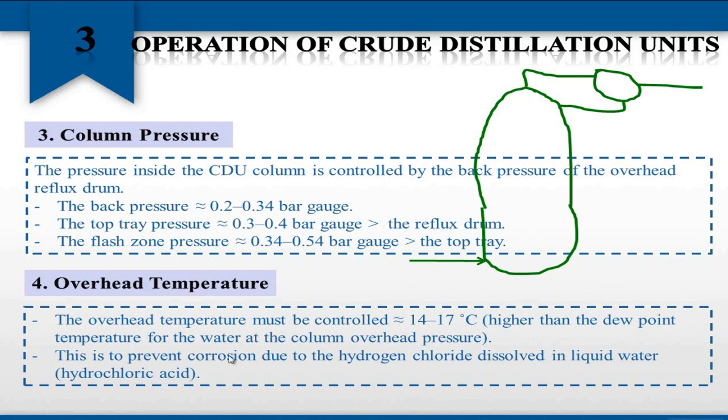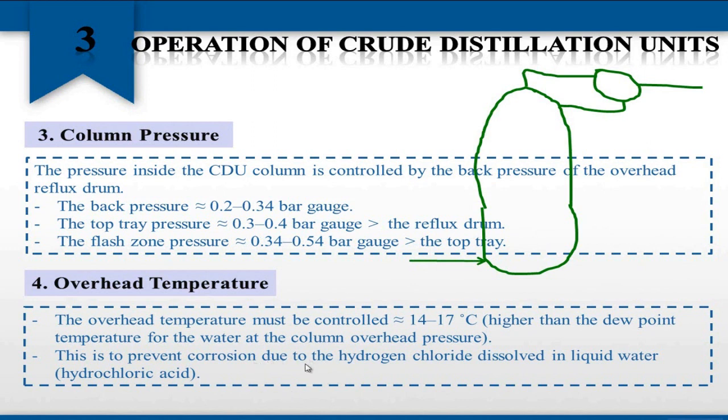How about the temperature at the overhead? The overhead temperature must be controlled to about 14 to 17 degrees Celsius higher than the dew point. This is to prevent corrosion due to hydrogen chloride dissolved in the liquid water.